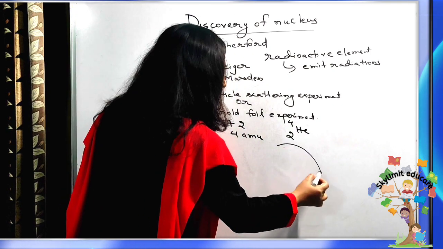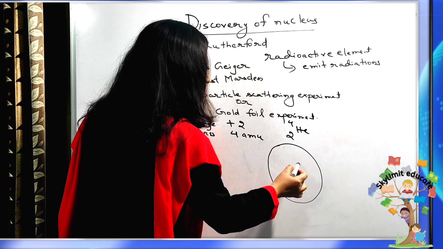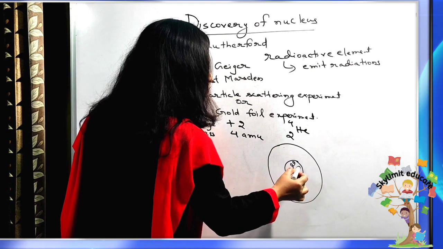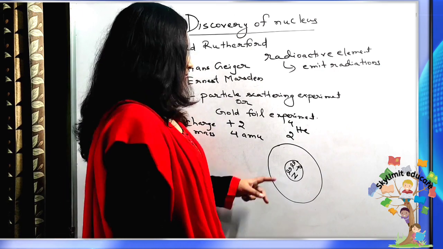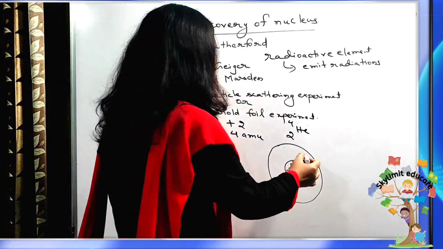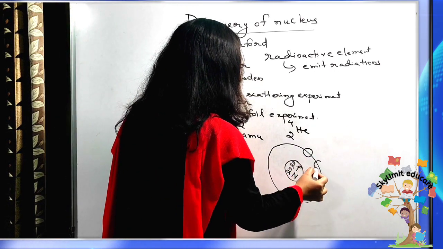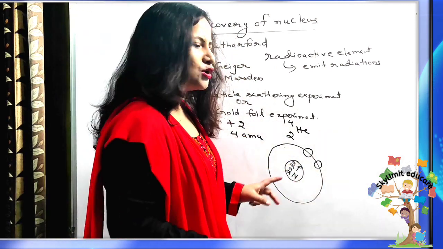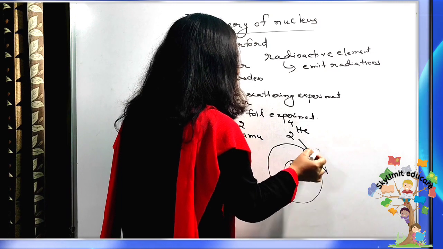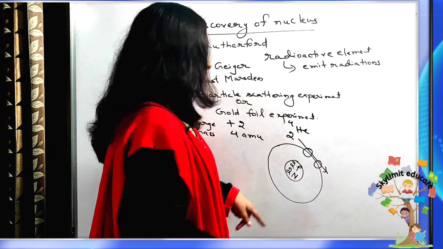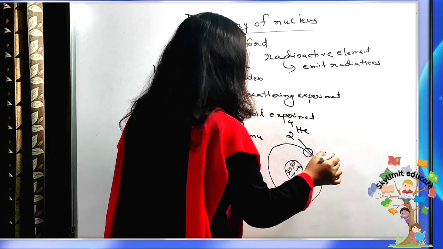In a helium atom, you know that there are 2 protons and 2 neutrons inside the nucleus, and it has only 2 electrons. So if these 2 electrons are removed from the helium atom, it is left with a charge of +2.